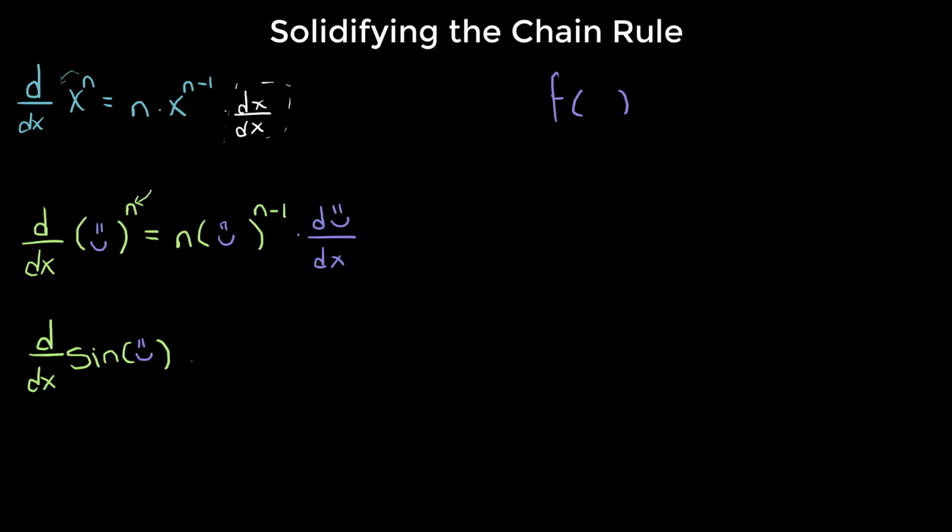And so the derivative with respect to x of sine of something would be cosine of that something, because that's how the chain rule works. You're taking the derivative of the outside while leaving the inside the same, and then you multiply by the derivative of that something. It's all about parentheses, about what you're performing a function on.